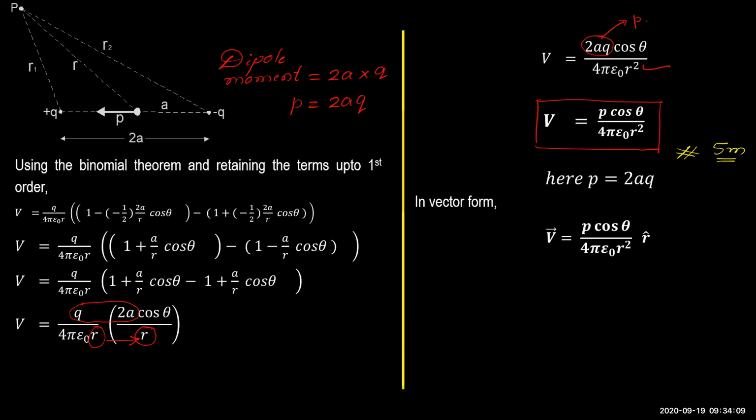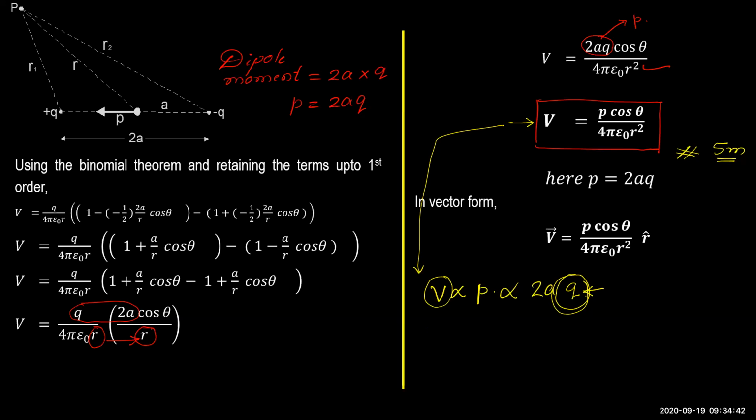Yes. See, when we look at this equation, let us make the analysis of this. We find that V is directly proportional to P, that is dipole moment. In turn, it is proportional to 2A into Q. It means if the quantity of charge is more, then the potential at point P will be more.